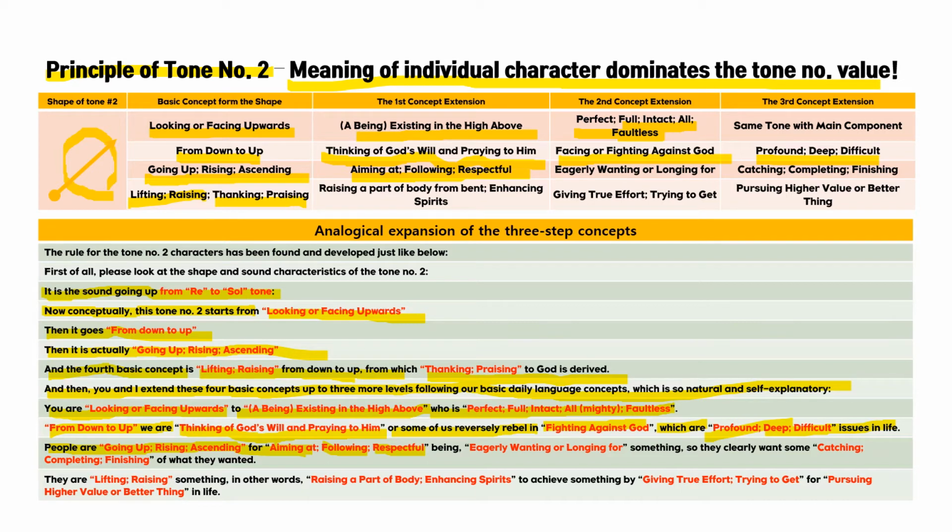So you are aiming at those behaviors, okay? Being eagerly wanting something or longing for something. Why do you follow? Why do you respect somebody? In that case, you are eagerly wanting something or longing for, aiming at, which derives these next level concepts.